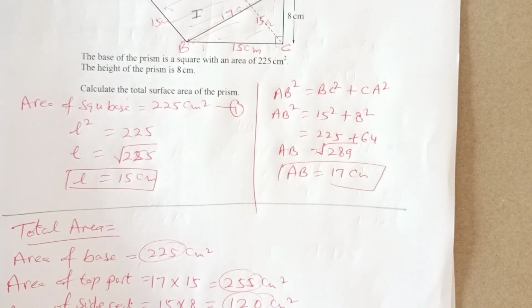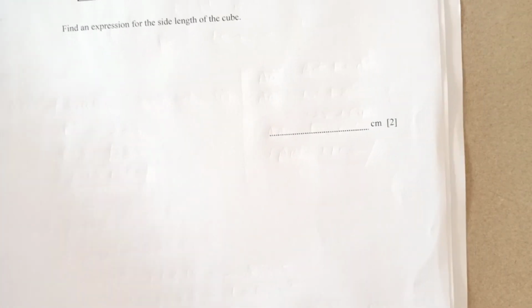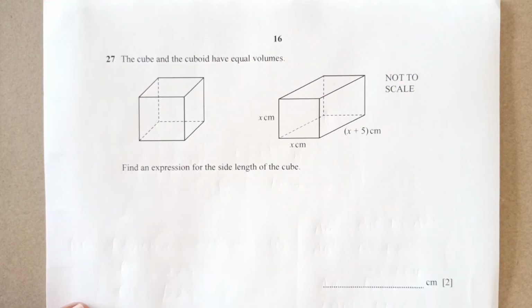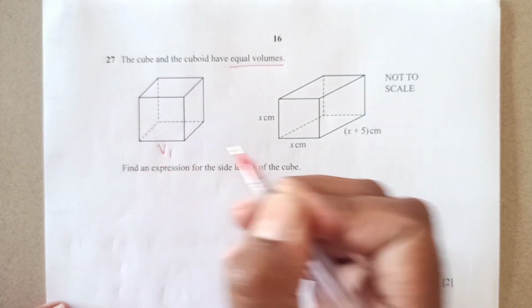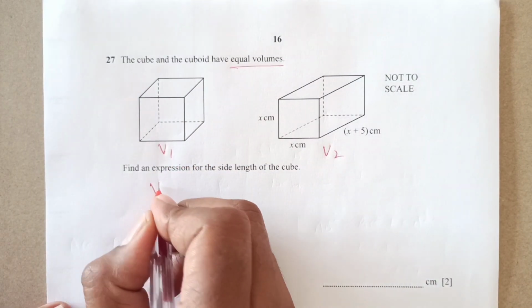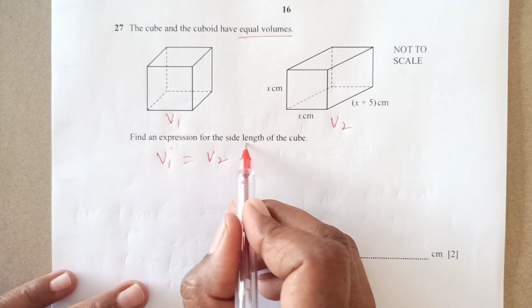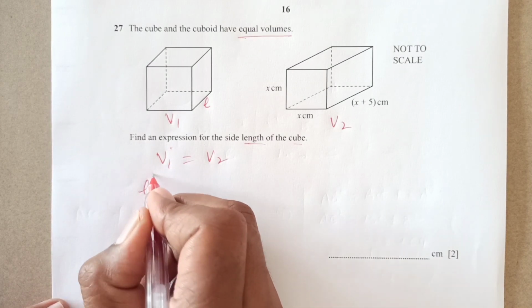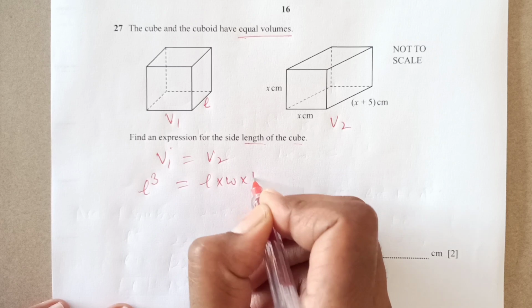Okay. Now the next one that we have here, number 27. This is also a bit different. The cube and the cuboid have equal volumes. So let's say this is volume V1 and this is volume V2. V1 is equal to V2. Find an expression for the side length of the cube. Let's say this length is L. So volume is L cubed for the cube, and for the cuboid it is length times width times height.